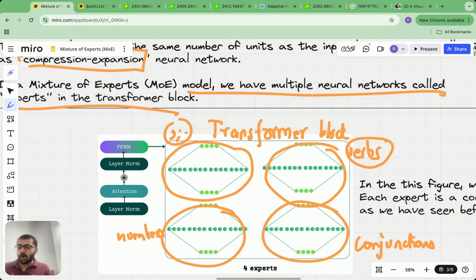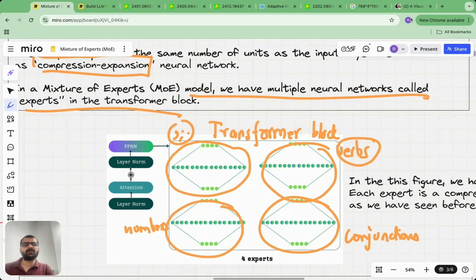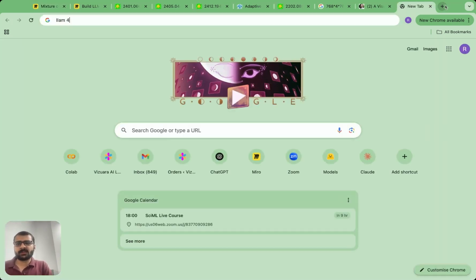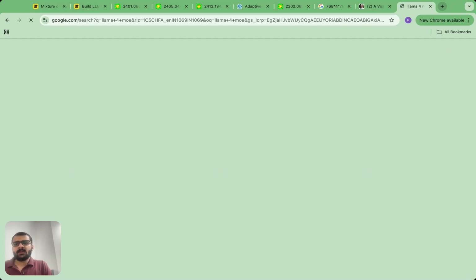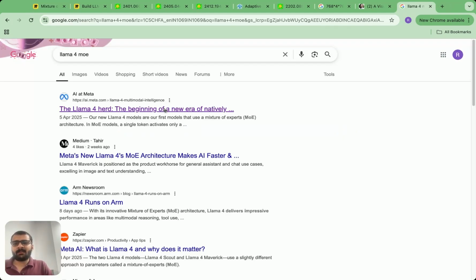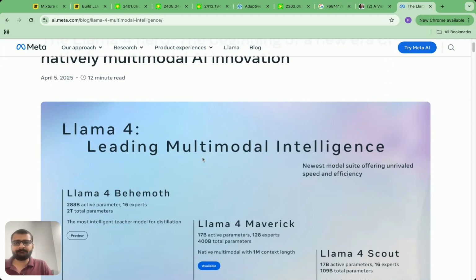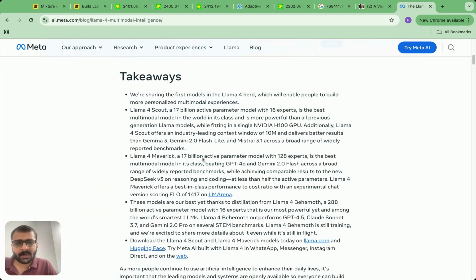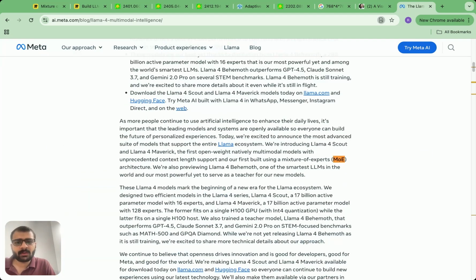So actually, all the modern LLM architectures are now using mixture of experts. If you see Llama 4, which was recently released, Llama 4 uses mixture of experts. So let's see whether MoE is mentioned.